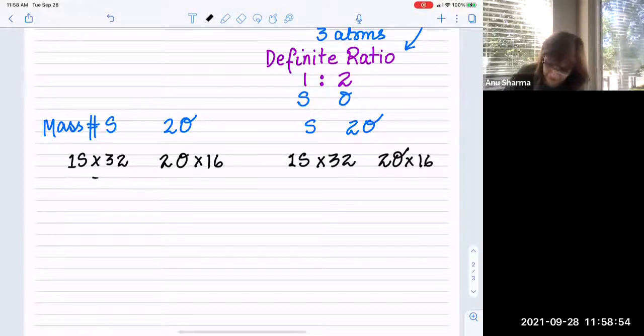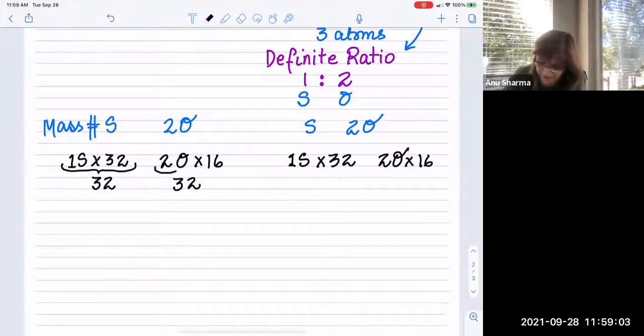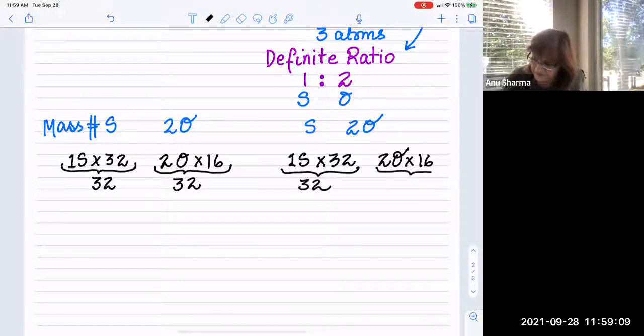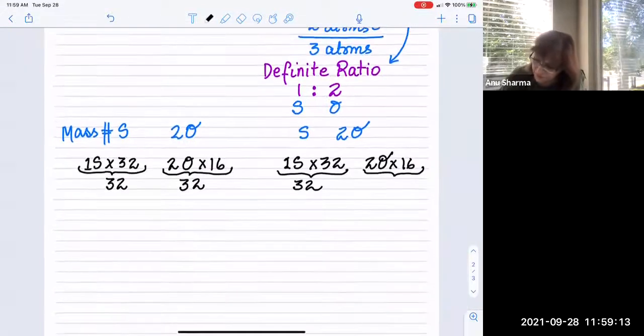What do you get? This is 32 from sulfur, and the oxygen mass number is 16, times 2, is 32.